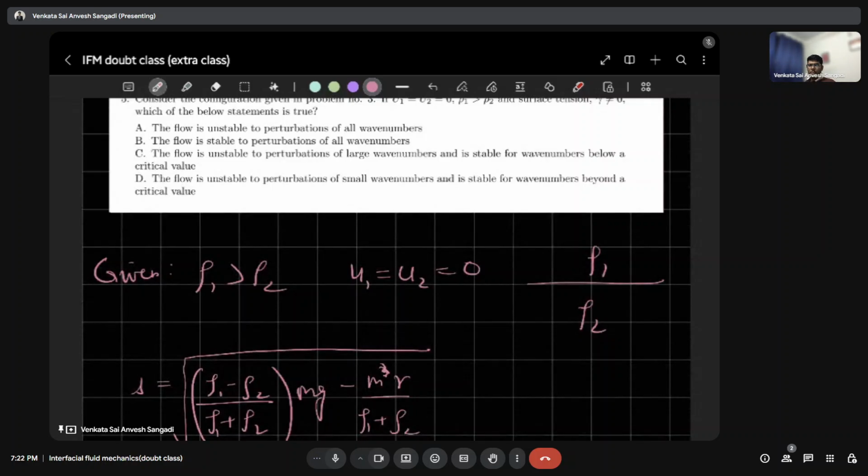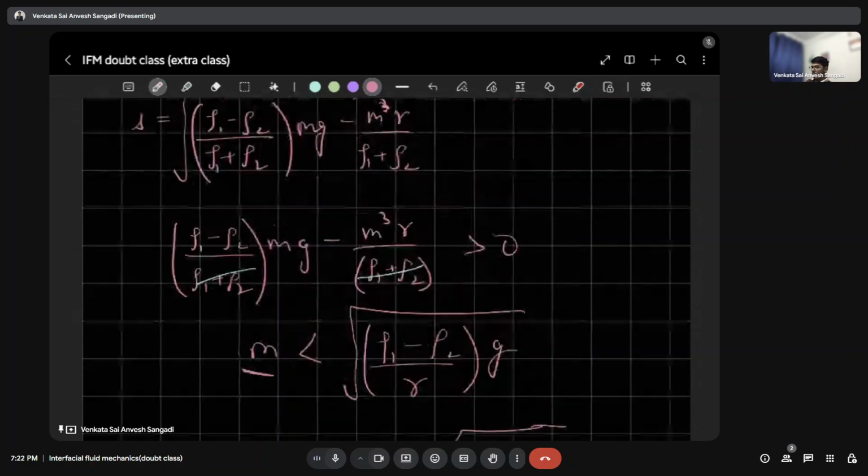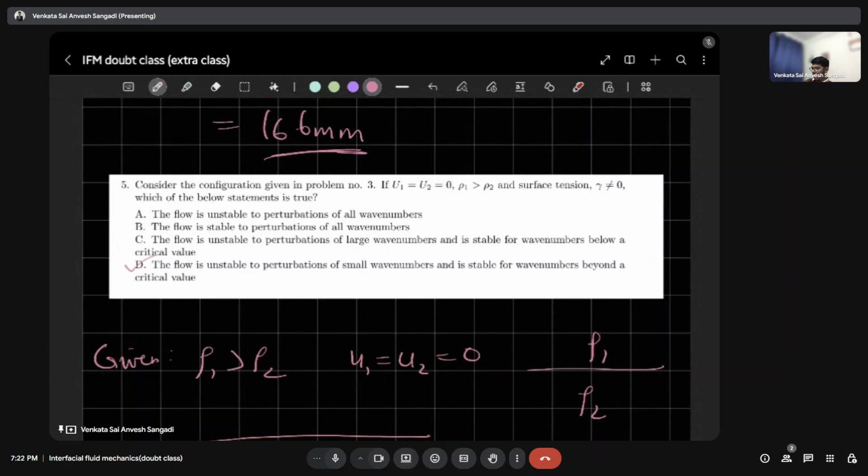So for values of m which are less than this value, it is unstable, and for greater than this particular value, it is stable. So the correct option is option D.